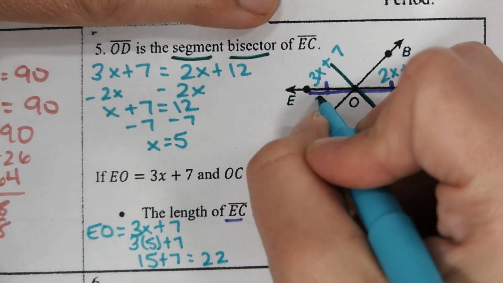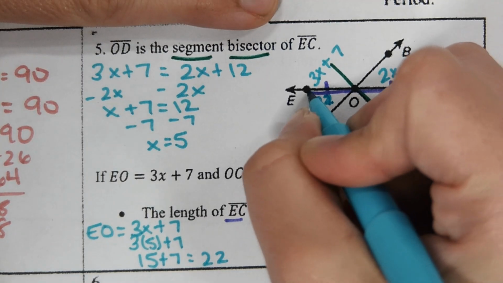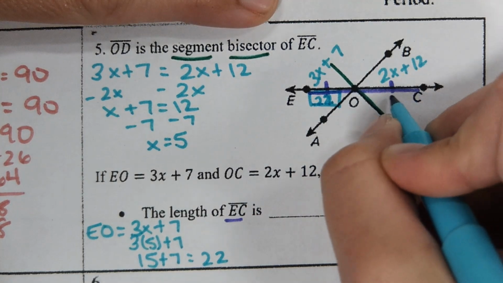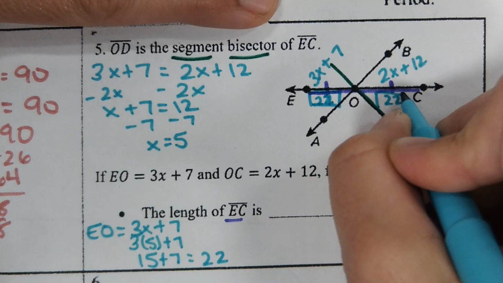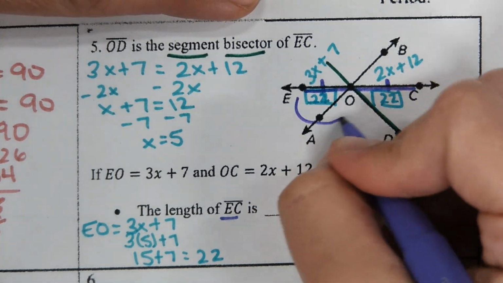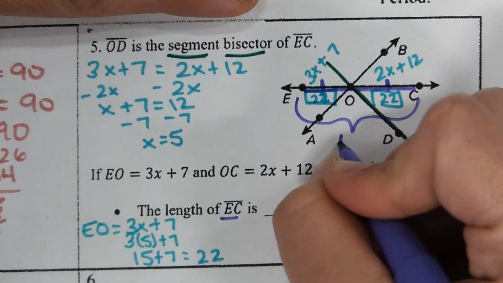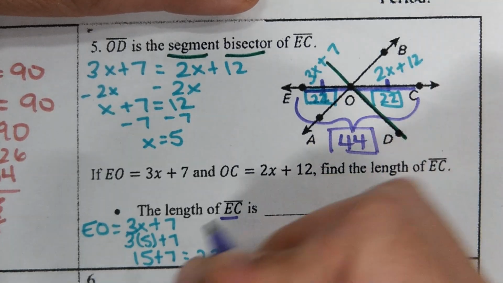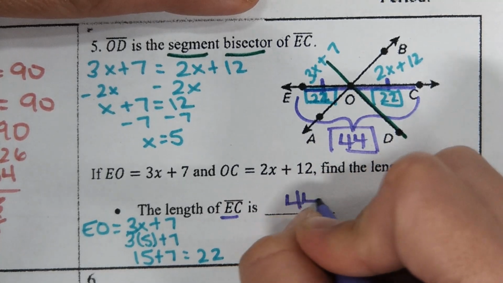So EO right here is 22. And then these are the same length, so this is 22 as well. I could plug in x, but it'll come out to the same thing. And then it wants to know the length of EC, so 22 plus 22 is 44. So the answer to the length of EC is 44.